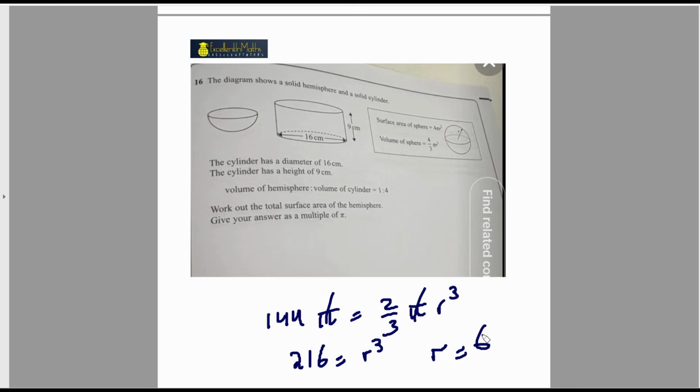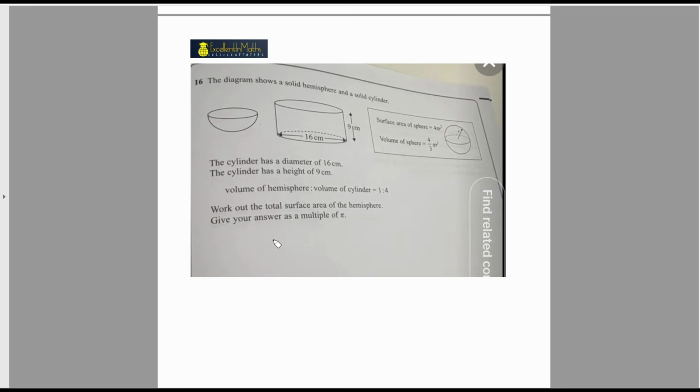Now I need to find the surface area of the hemisphere. We actually have two parts here. The first one is the circle at the top, and then the surface area of the hemisphere itself. So the surface area of the hemisphere is going to be 4 pi r squared, and you divide this one by 2.